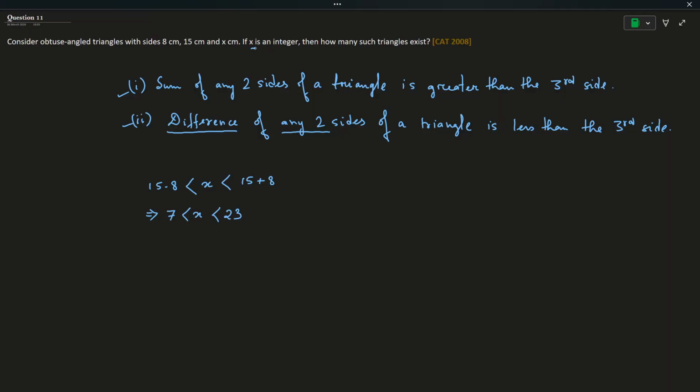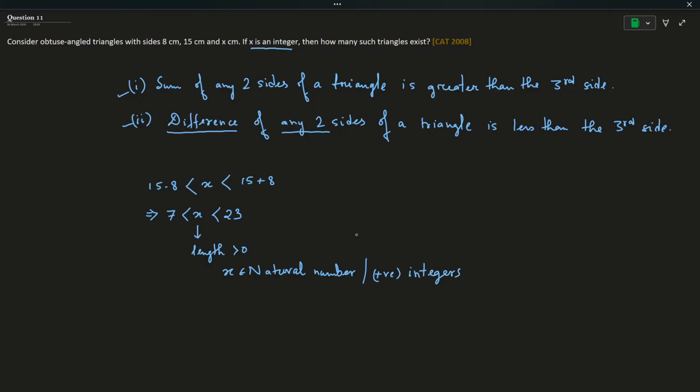Please note x is an integer. An integer can be positive, negative, or 0 as well. But guys, please note x is a length, so this will always be greater than 0. That means x belongs to natural numbers, or positive integers.